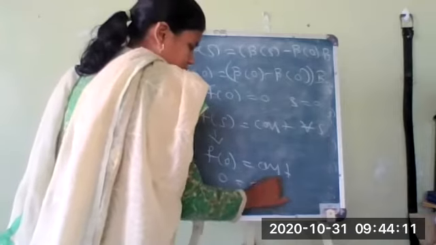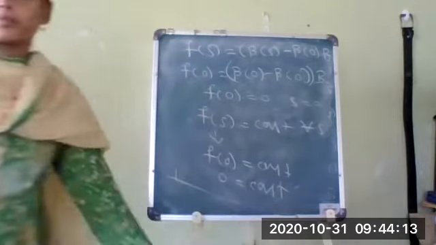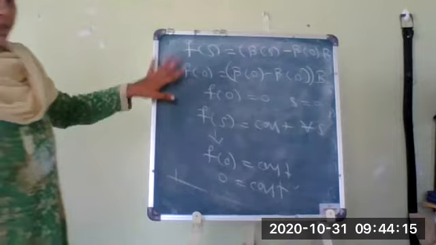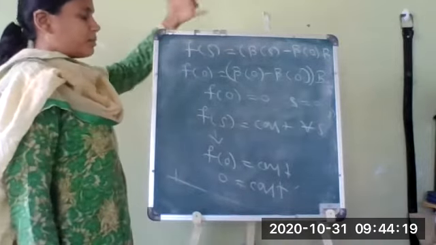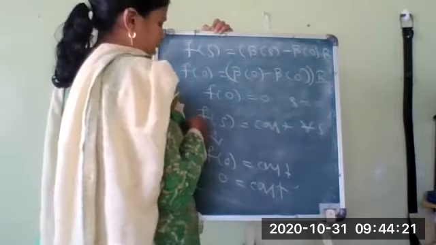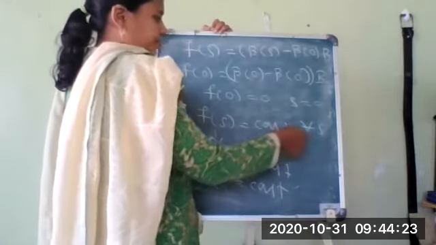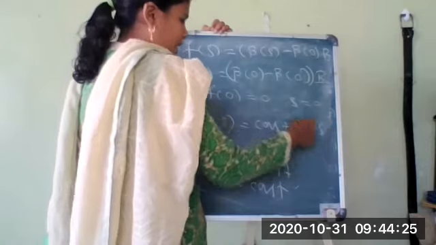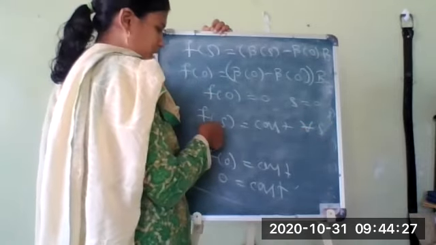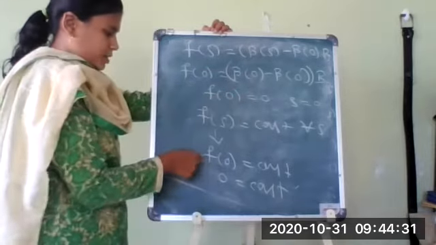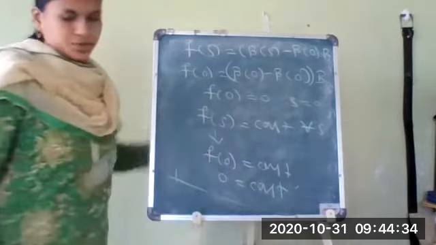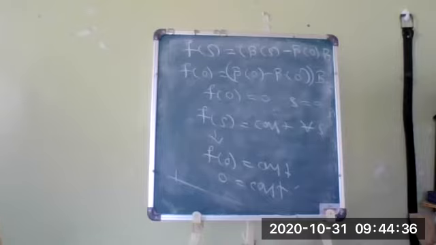We get the constant is 0. I hope you have understood this. F of 0 is 0, obtained from our given assumption equation, and we have obtained f of s is constant from differentiation. If it is constant for all s, I can put s equal to 0. For s equal to 0, we have already obtained f of 0 is 0. So hence the value of the constant is 0.